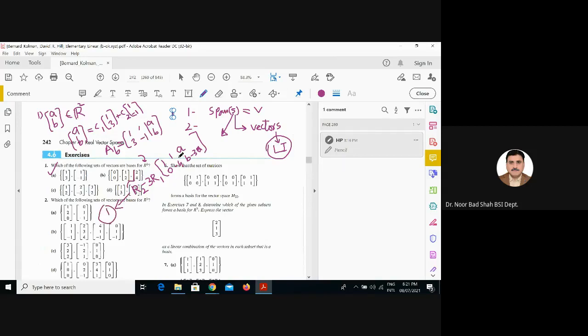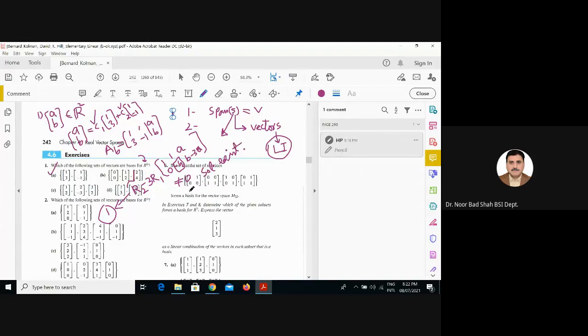So you see, this number is non-zero. This is not equal to 0, right? So we have two constants, C1 and C2. And after converting into echelon form, we have two equations as well. It means the system has a solution, right? Solution exists. And if a solution exists, iska matlab, what does it mean?